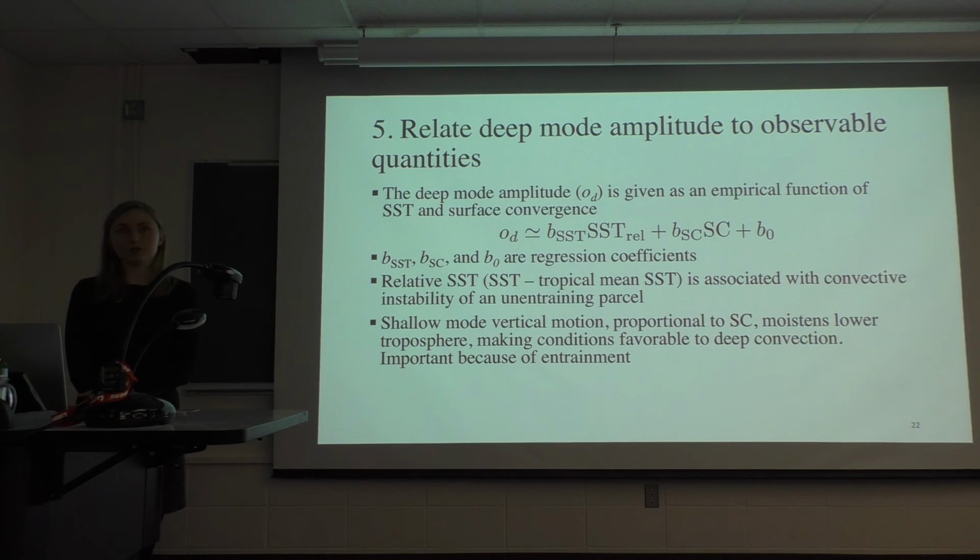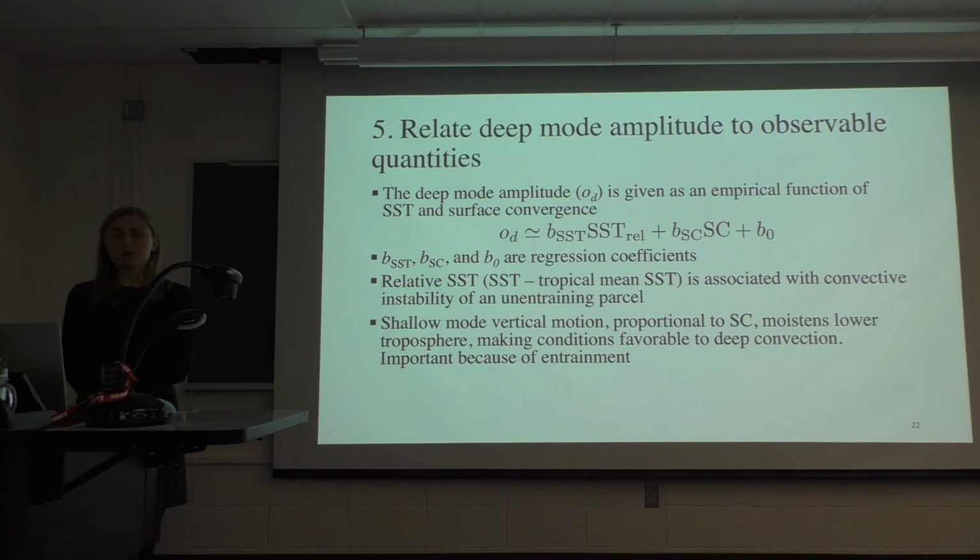SST was initially included in the model to represent convective instability ideas. We've changed it from SST to relative SST to better align with the warmer-get-wetter mechanism. And then we've included surface convergence in this regression as a way of including the shallow mode amplitude.